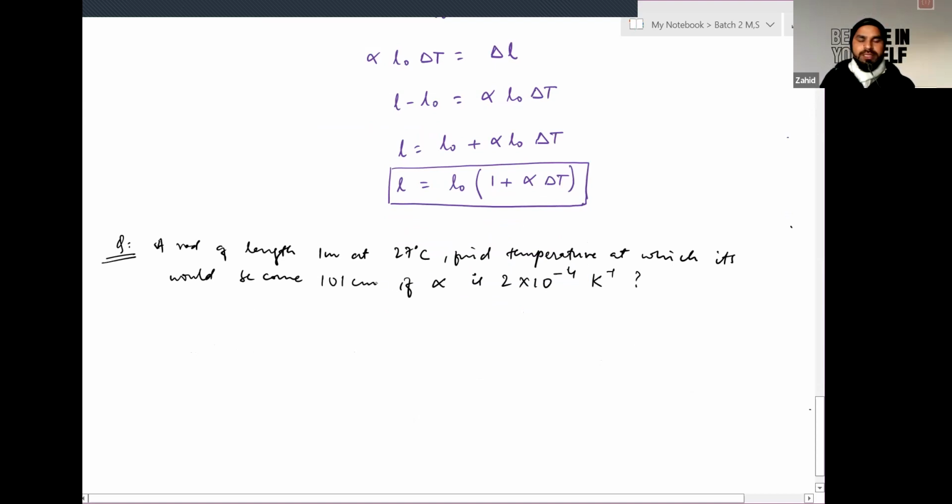Let me give you some hint related to this question. We have initial temperature T naught as 27 degrees Celsius. Length at this temperature is 1 meter. Final length at some temperature later is 101 centimeter. We may write it as 1.01 meter. Alpha is given 2 into 10 to the power minus 4 Kelvin inverse. So we have to calculate temperature at which length would become 101 centimeter. Use the above formula and try to find.